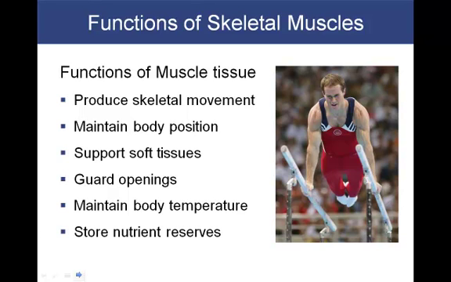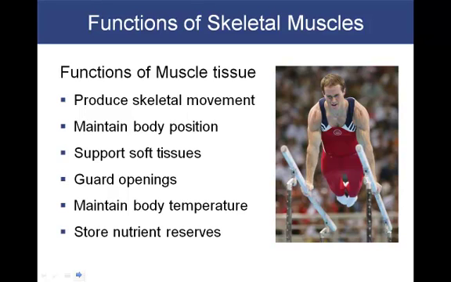Both of those openings are regulated by skeletal muscles. Other regions where we use muscle to guard openings, the urethra, the end point of our urinary system, is also controlled or maintained through the use of skeletal muscle.